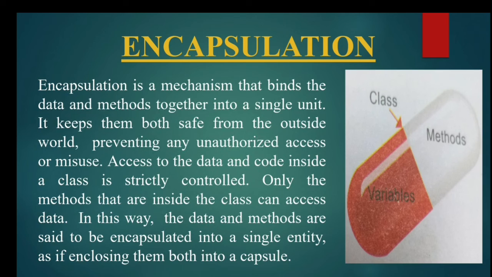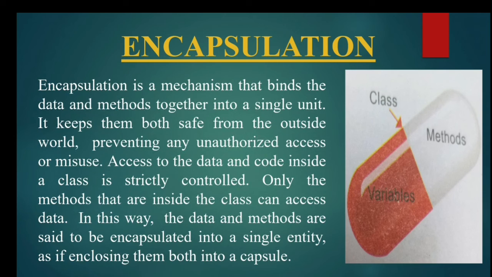Means we are binding these variables and methods in a single entity. In object oriented programming, entity is a class. Each entity, means each class, has its own data members and member methods.